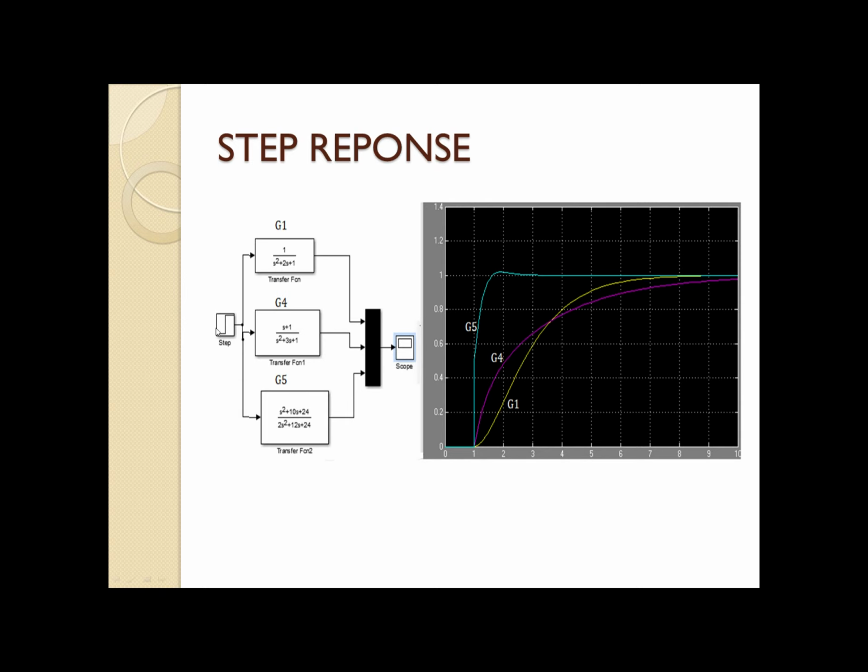If we give the step input to all these three systems, then we can see the yellow mark is the response of G1. For G4 the response is the pink one, and for G5 the response is the green mark. That means it becomes more stable when we are adding zeros to the system.